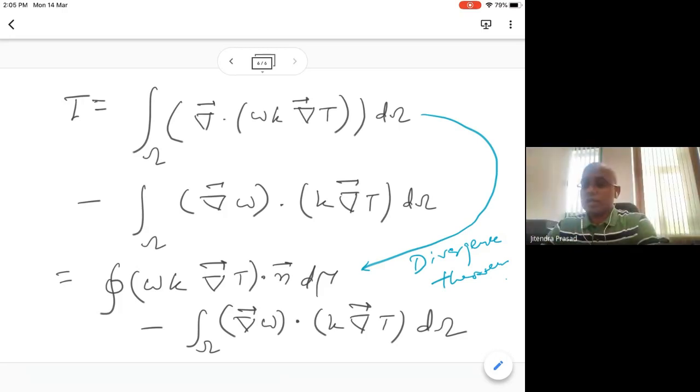So far we looked at the 2D heat transfer problem, and we had to obtain the weak formulation of that. So we did some work already.